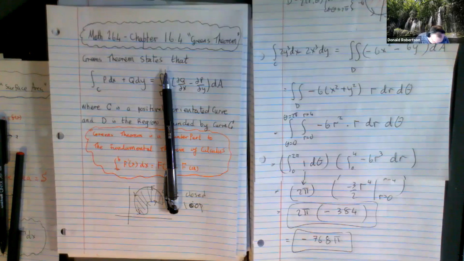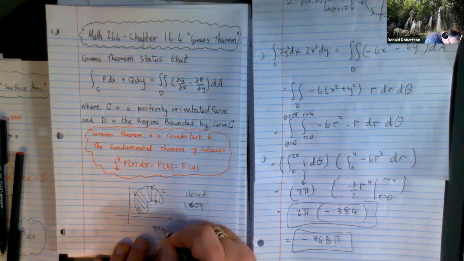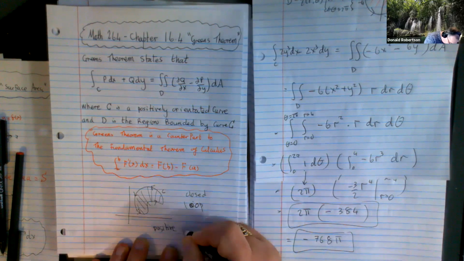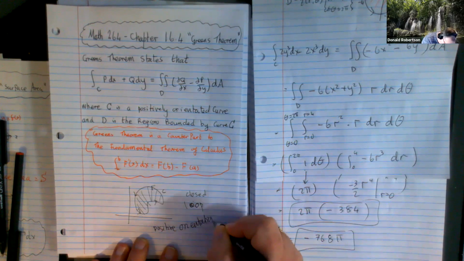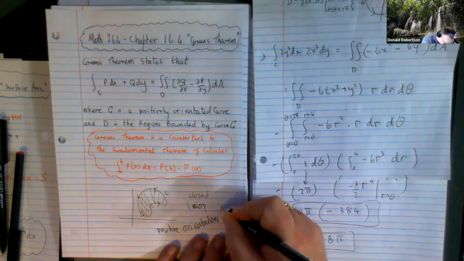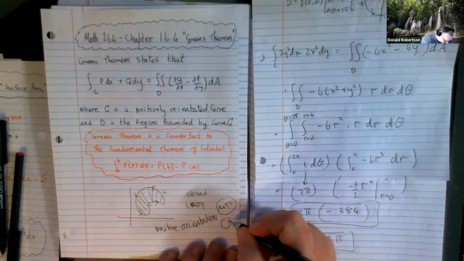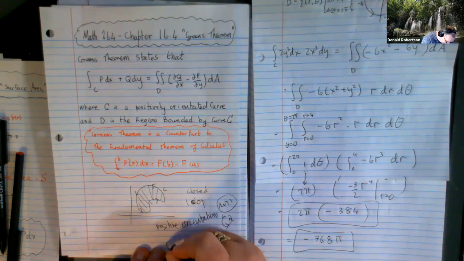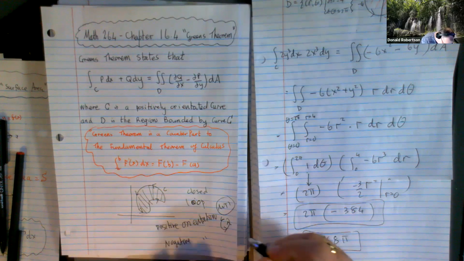So, positive orientation is anti-clockwise. You go that way, right? Negative orientation, right?